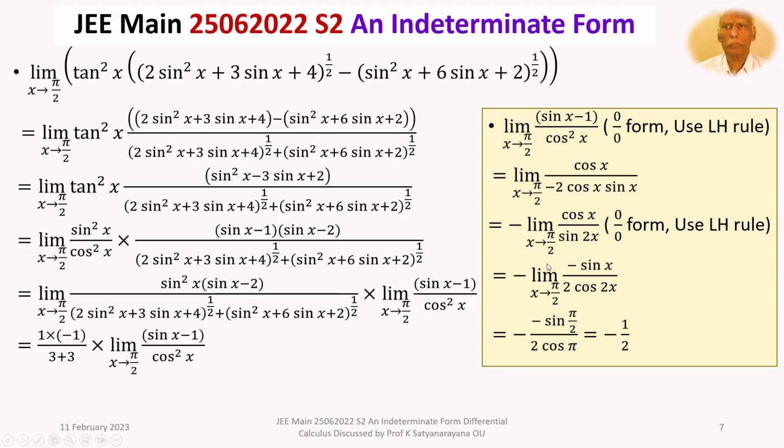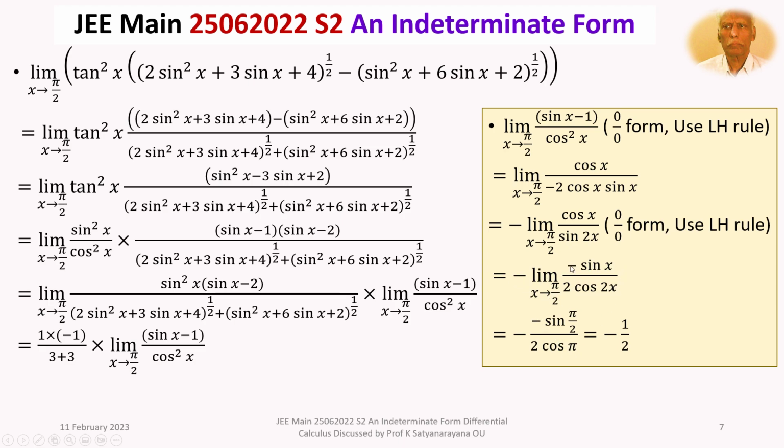As x tends to pi by 2, cos pi by 2 is 0 and sin pi is 0, a 0 by 0 form. Use L'Hopital's rule again. That is equal to minus limit x tends to pi by 2 of the derivative of cos x, which is minus sin x, by the derivative of sin 2x, which is 2 cos 2x. Now as x tends to pi by 2, sin pi by 2 is 1.